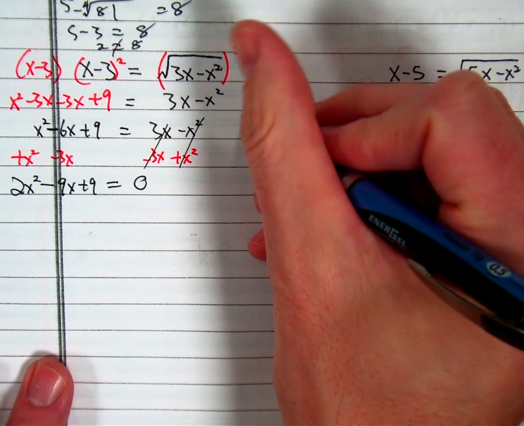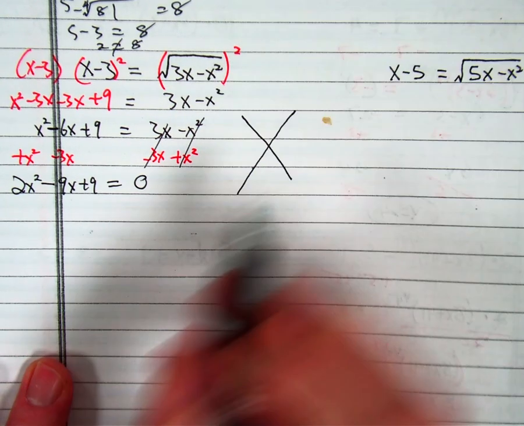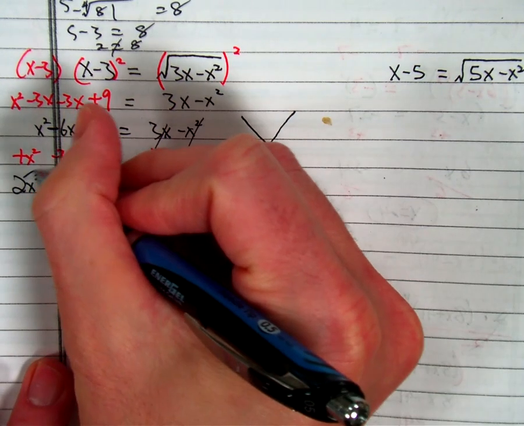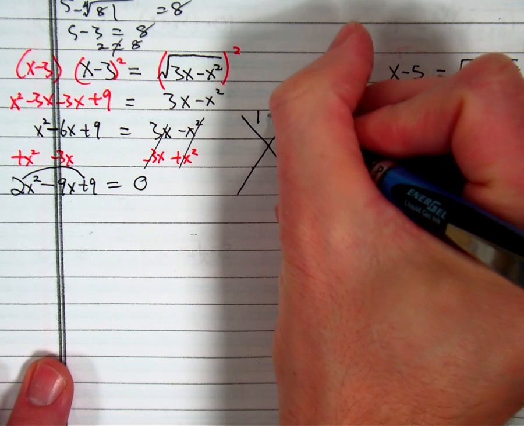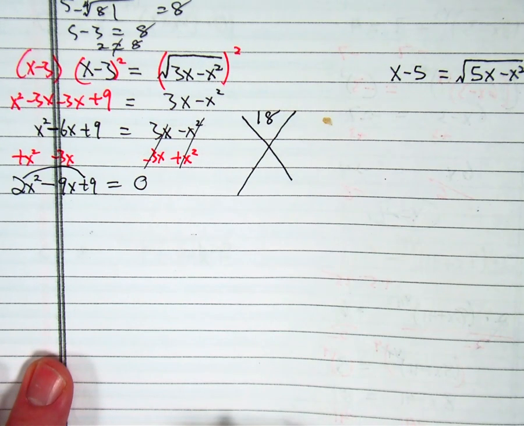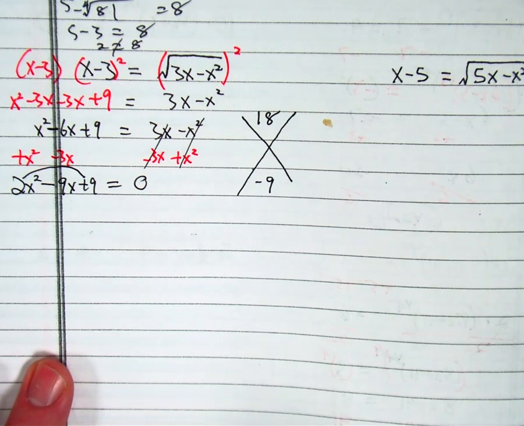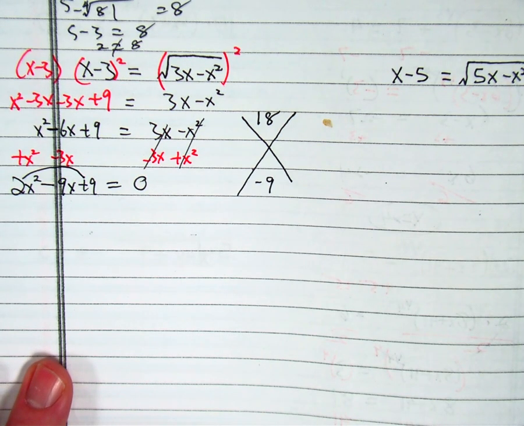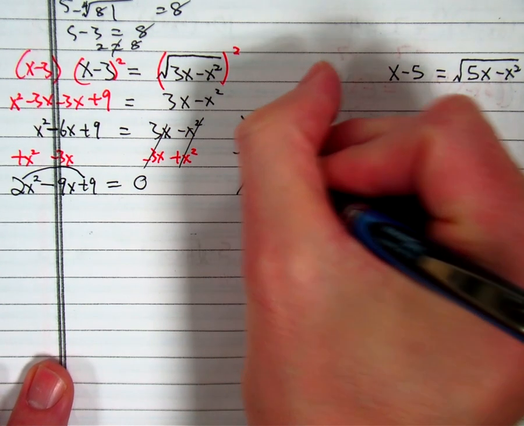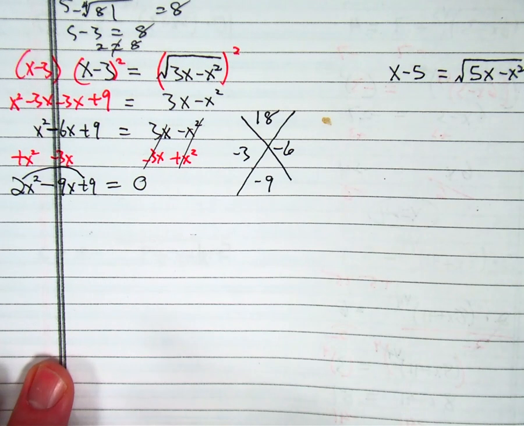Okay, a little magic x factoring. We got a number in the front, so we're going to go front times back. What multiplies to 18 and adds to negative 9? Negative 3 and negative 6.